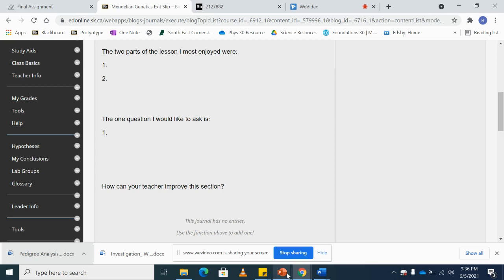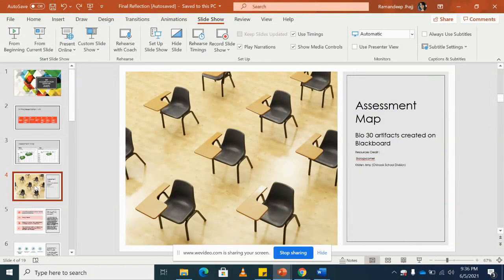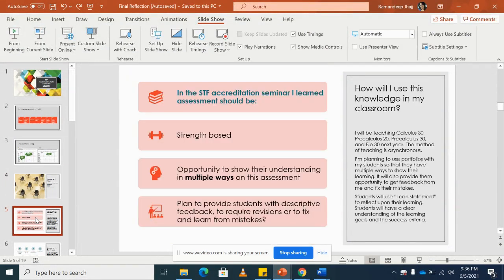that I'm designing. Okay, so after the assessment map, I would like to talk about the different assessment strategies that I have learned through the seminar.